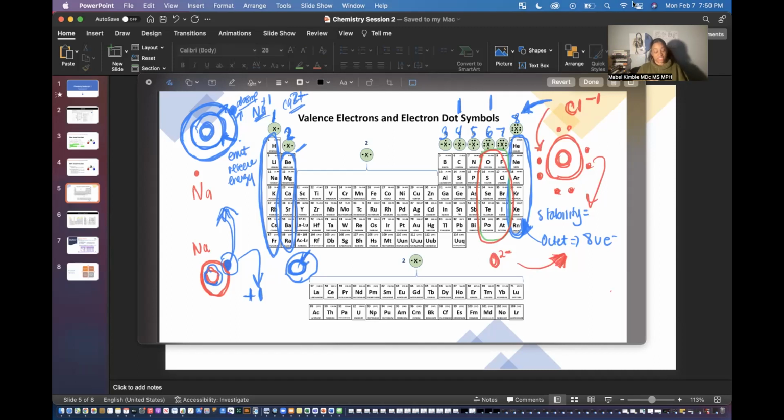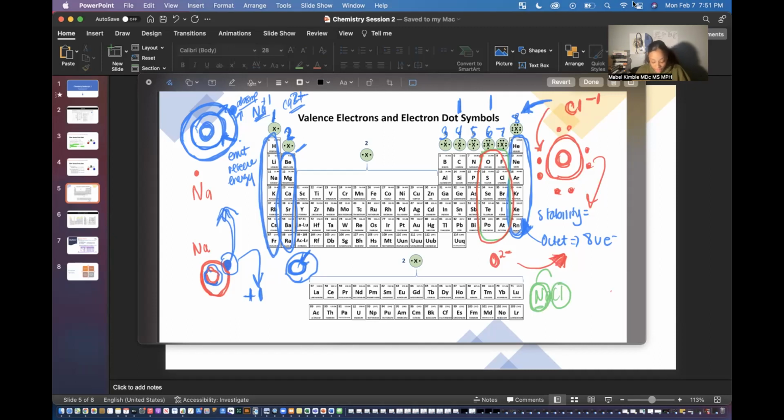And your most often seen anions are going to be your chlorine, your oxygen, your fluorine, right? We even often see NaCl together, right? Because those are the ones that most often need to either share or give away electrons, right? Sodium wants to give away, and then chlorine wants to take, right?